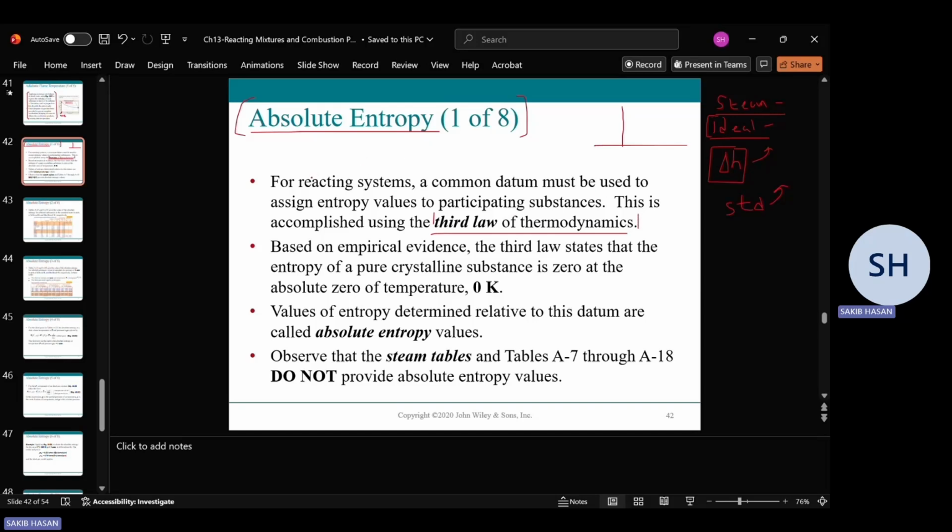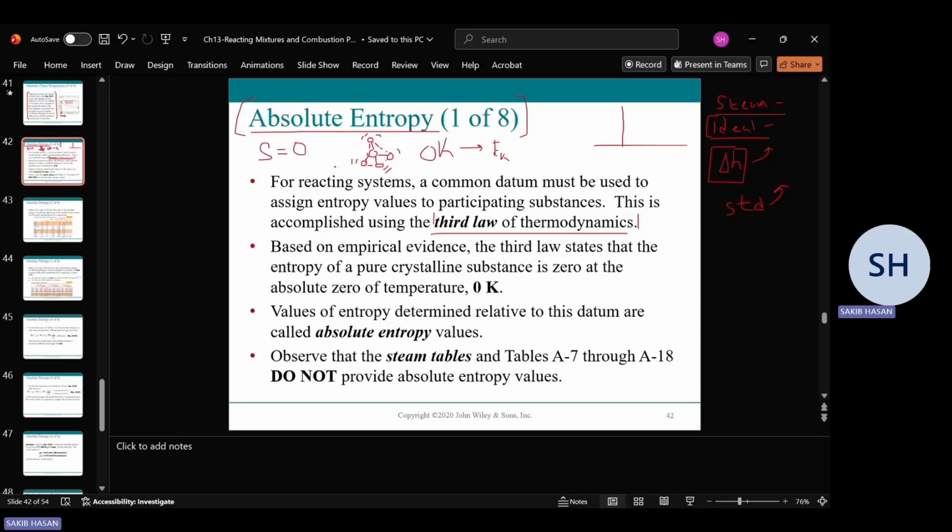a statement about entropy, because it says that when you have a perfect crystal, let's say a perfect crystal like diamond, that goes on and on in this tetrahedral shape, and you have it at 0 Kelvin, such that there is no kinetic energy for any of the molecules, so none of these molecules are vibrating, there are no vibrations, there is no internal energy, then we can say that the absolute entropy is zero.